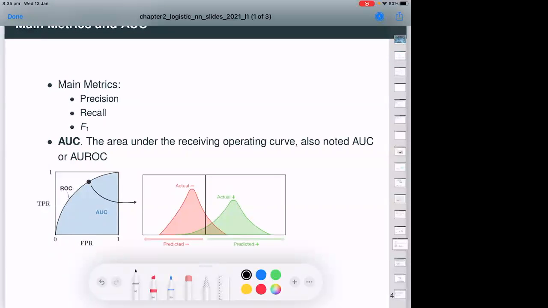So the different metrics: when you do classification, you can compute the accuracy, but you can also compute the precision, the recall, and the F1. These are the main metrics to evaluate the performance of your model, and all of them are computed based on the confusion matrix.